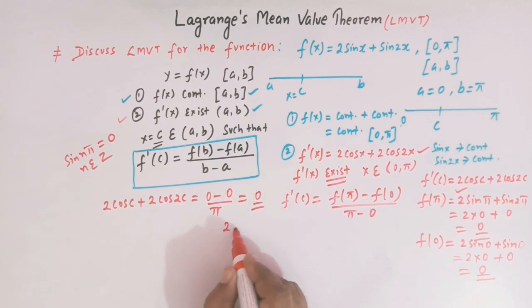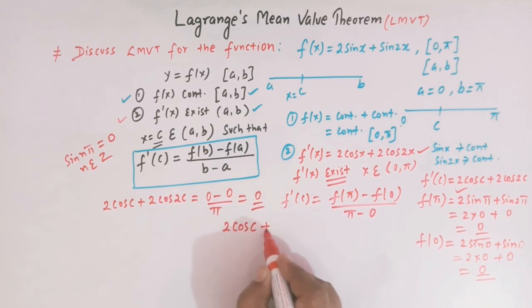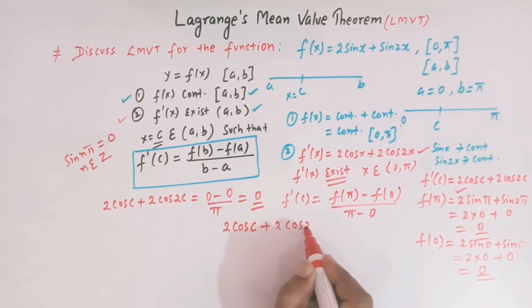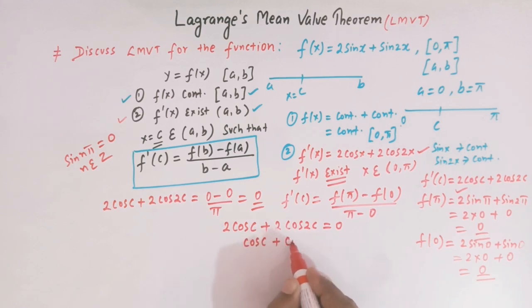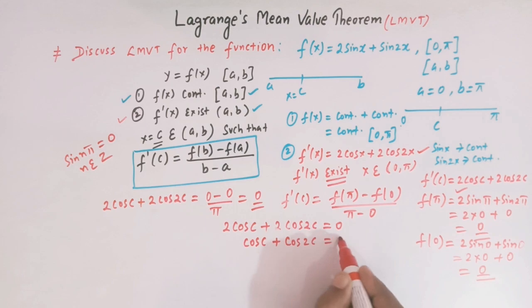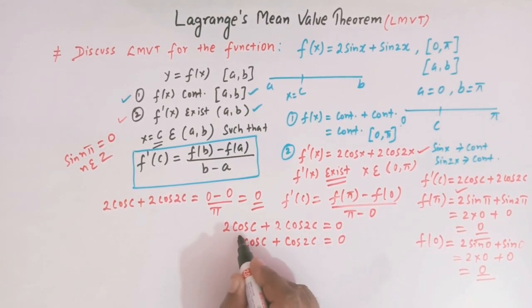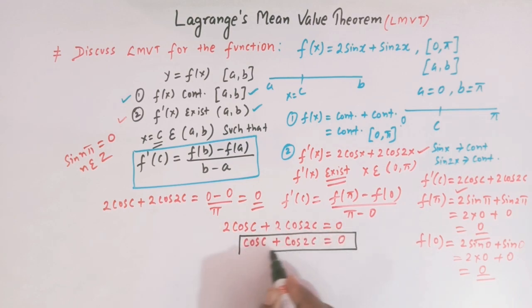So now we have 2 cos c plus 2 cos 2c is equal to 0. Let us divide both sides by 2, so we are left with cos c plus cos 2c is equal to 0. Now we have to solve this trigonometric equation for c.